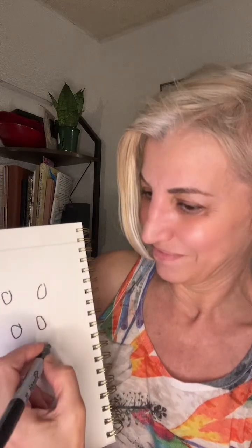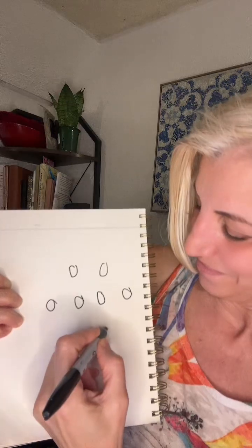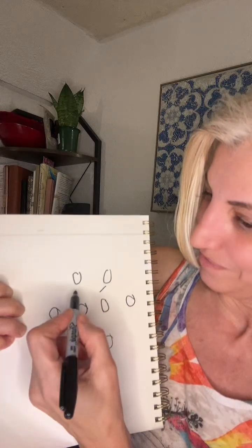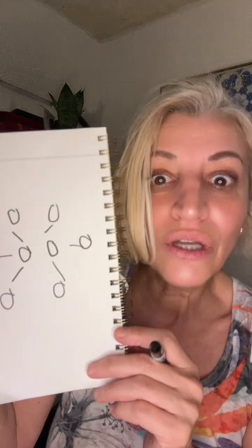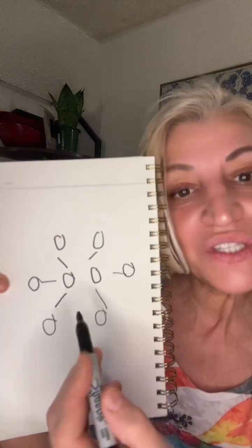Now, let's just take a look at what ice looks like on its molecular level, shall we? And you're actually going to be so amazed at this, because this is just another example of God, really. Oh look, a snowflake. This is the molecular structure of ice, which literally resembles a snowflake.